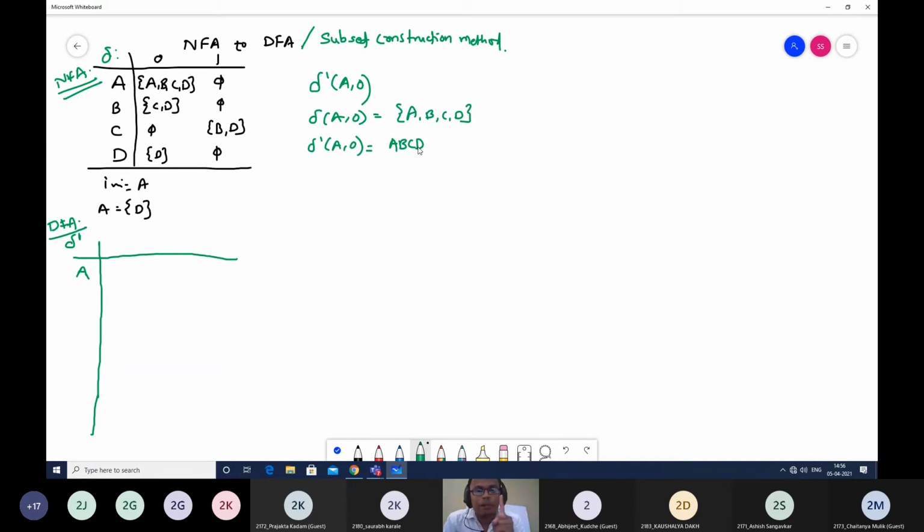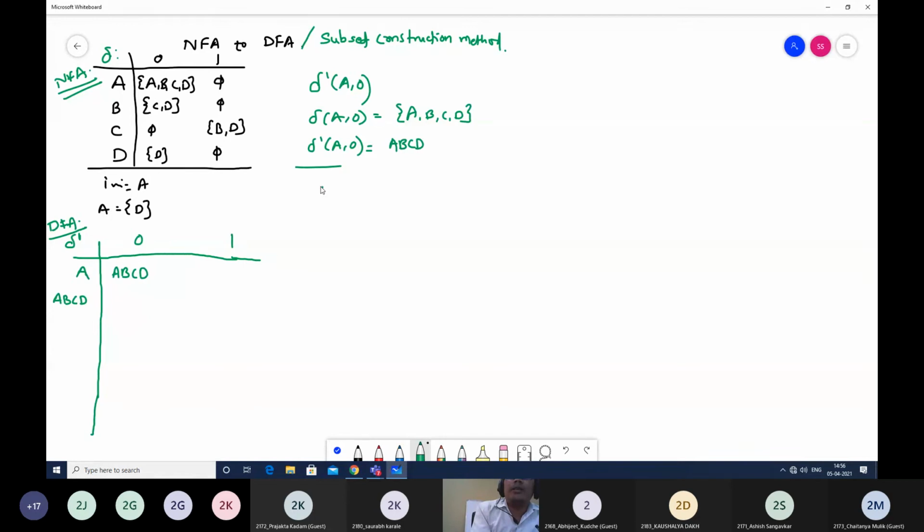It is not A comma B comma C comma D. We have constructed a new state whose name is ABCD. They are not four different states; they are a single state name now. This is a new state which we have found, so we add that state in our table now.